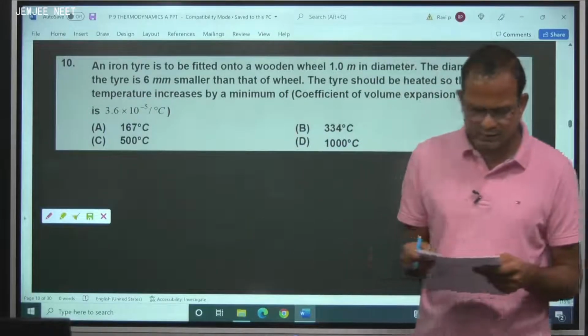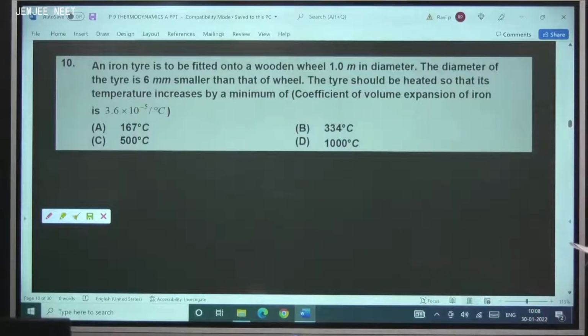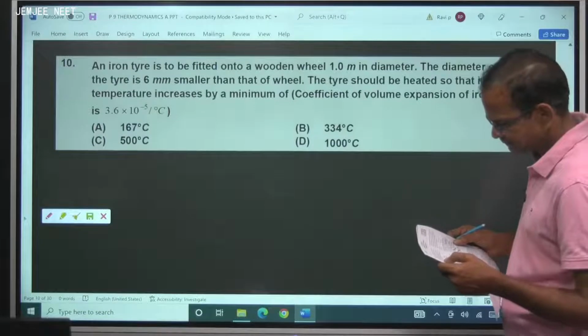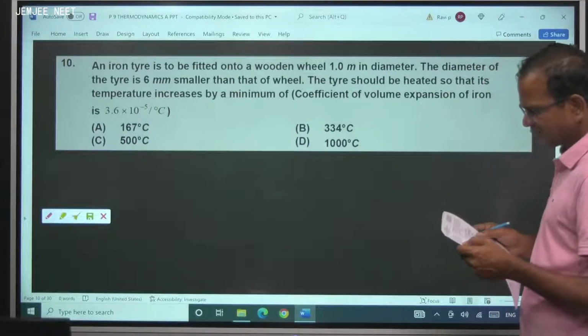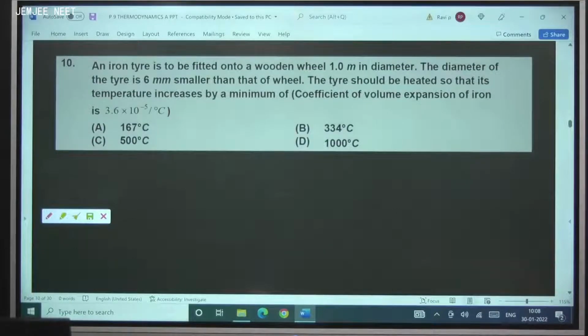An iron tire is fitted into a wooden wheel of 1 meter diameter. The diameter of the tire is 1 millimeter smaller than the wheel.